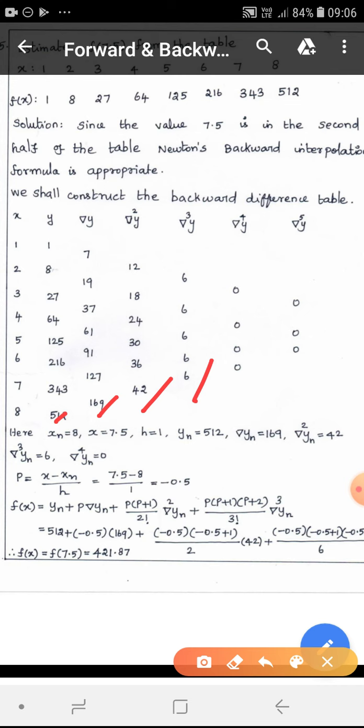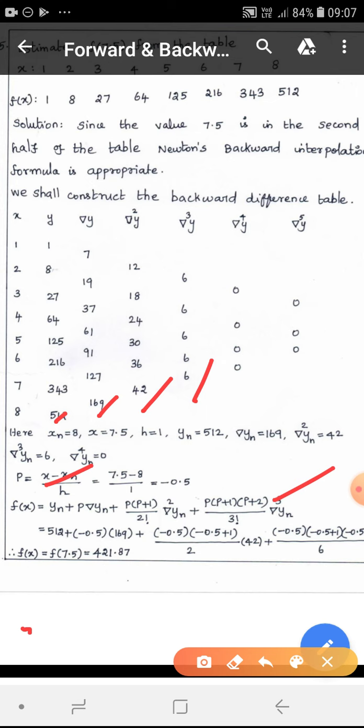So the formula for y or f of x will be yn plus p into del yn plus p into (p plus 1) by 2 factorial into del square yn plus p into (p plus 1) into (p plus 2) divided by 3 factorial into del cube yn. P means (x minus xn) divided by h.